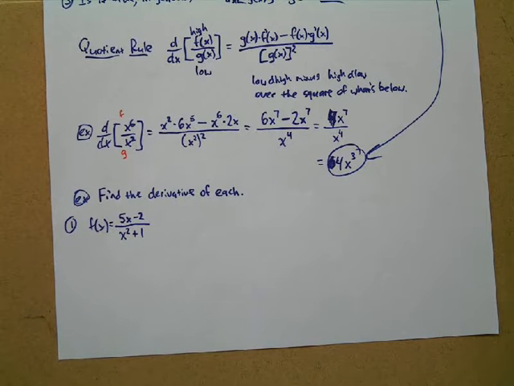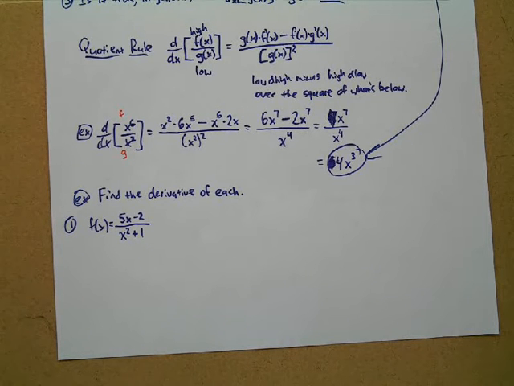So again, we have a quotient, and this one we really can't simplify, not like we do with the x to the 6 over x squared. In this case, we do want to use that quotient rule. We could break up the numerator, making it 5x over x squared plus 1 minus 2 over x squared plus 1. But then we will have taken one quotient rule and made it 2 quotient rules, and I don't think we want to do that. So we'll probably just leave it the way it is here.